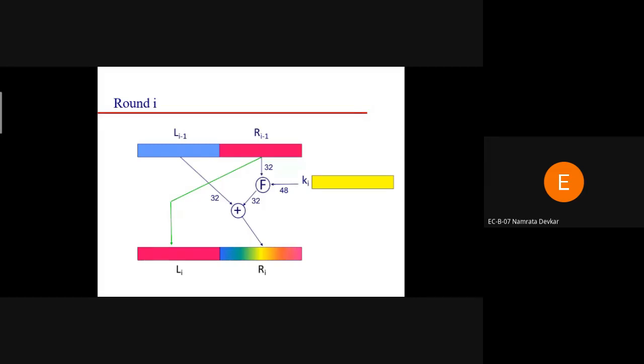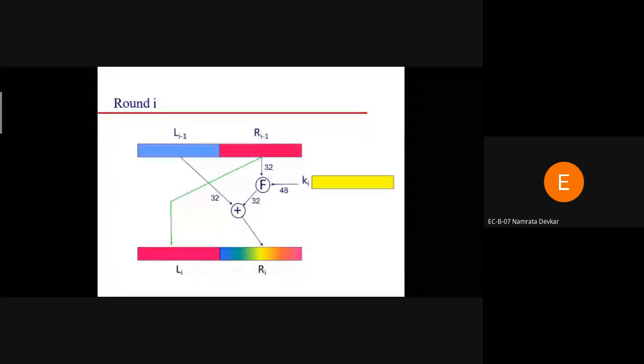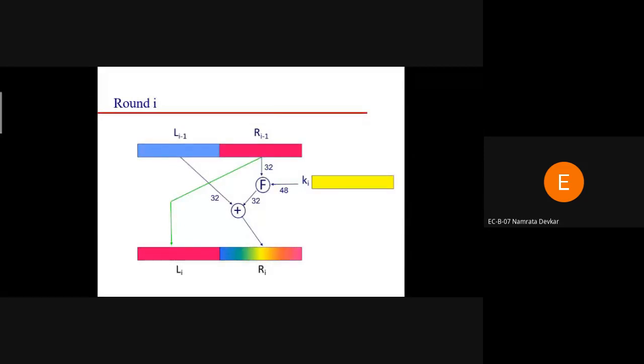The left side information we can represent with L0 or Li, and the right side information with R0 or Ri. After that we use the key, and that key is combined with the right-hand side and XORed. This process we can understand from the Feistel cipher.